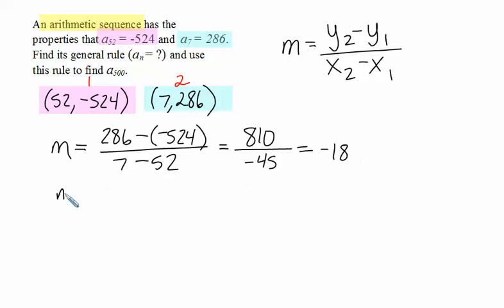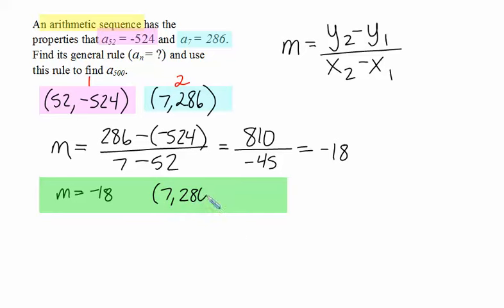So we know that our slope is negative 18, and then we pick either point that we had to begin with. Now, it's nice to avoid negative numbers whenever possible. So I'm going to select the second point, which is 7, comma, 286. And now using this slope and this point, we will plug into y equals mx plus b.